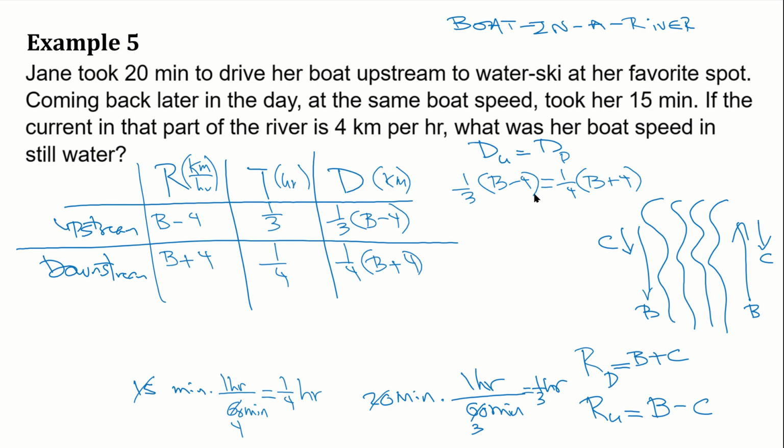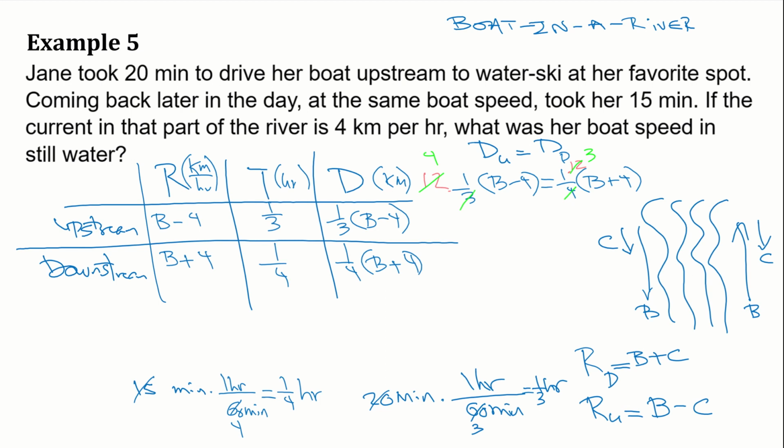Now we can quickly get rid of these fractions by multiplying by the LCD of both sides, which is 12. So we go ahead and multiply both sides by 12. We notice that you can cross cancel. 3 and 12 on the left give me 4. 4 and 12 on the right leave me 3.